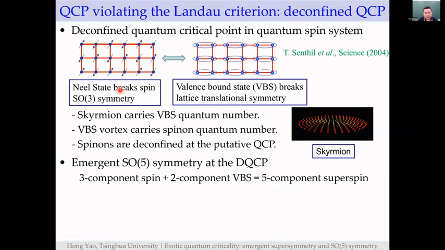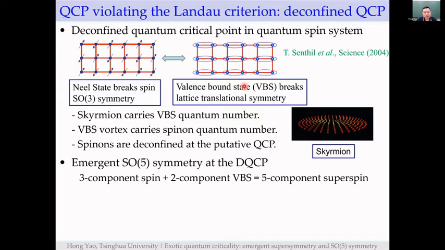If we have a quantum phase transition between two broken symmetry states, for instance, the Néel state breaks spin rotational symmetry, and the one-spin solid breaks the lattice translation and rotational symmetry.